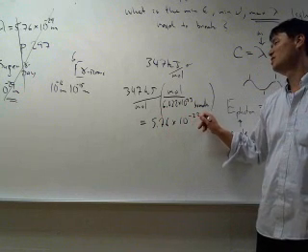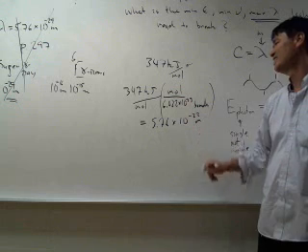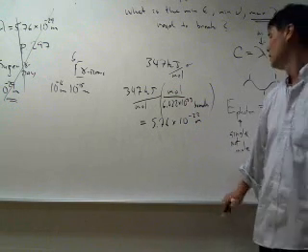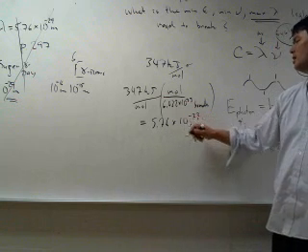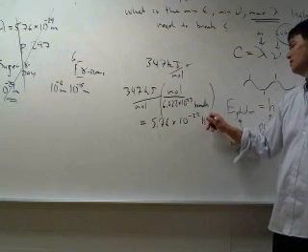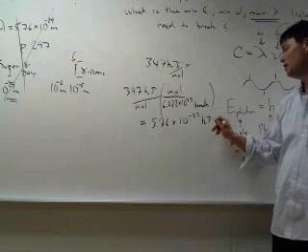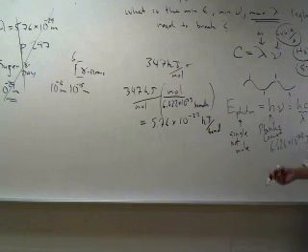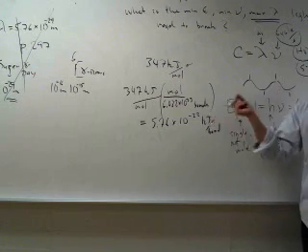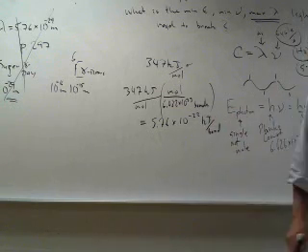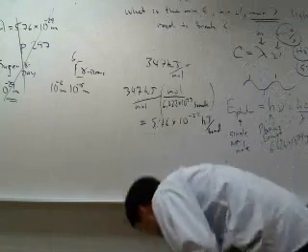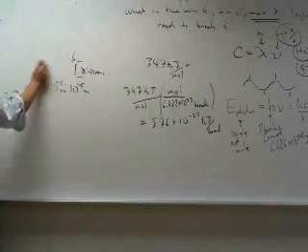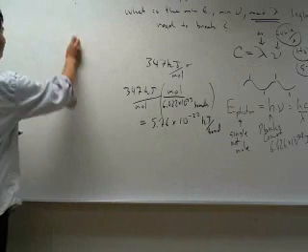Kilojoules per bond. Sorry, not meters. And then we're going to have just one packet of light. One photon breaks one bond. This is what we call photochemical stoichiometry.